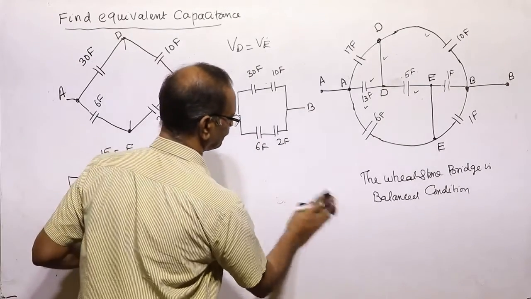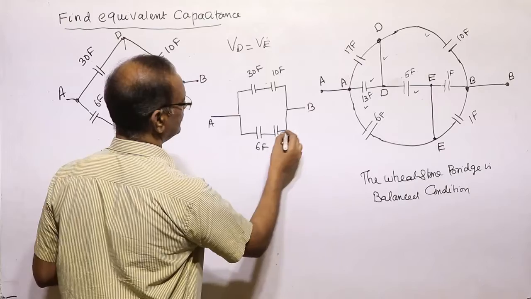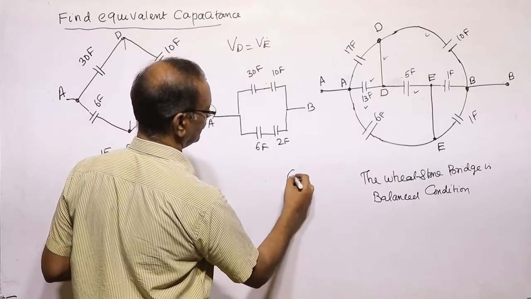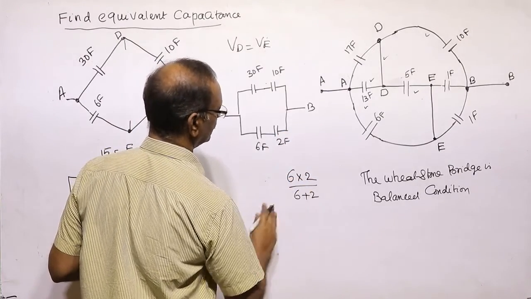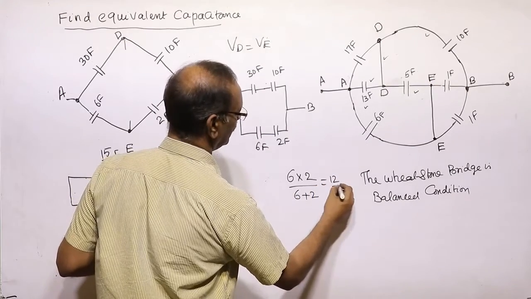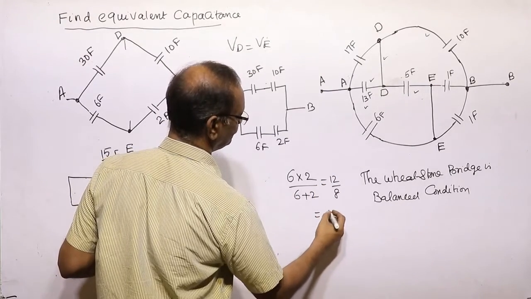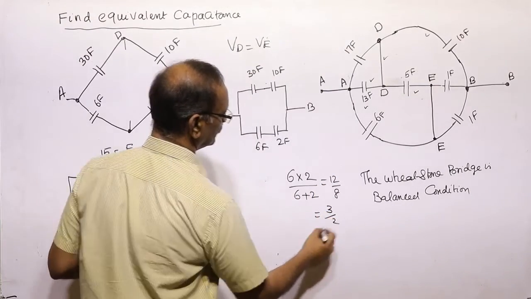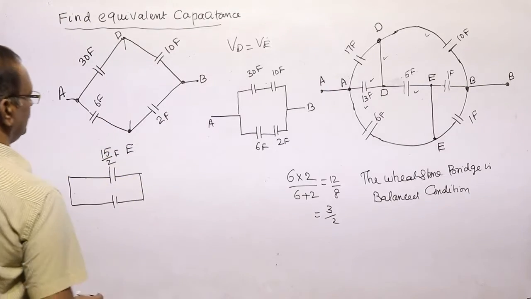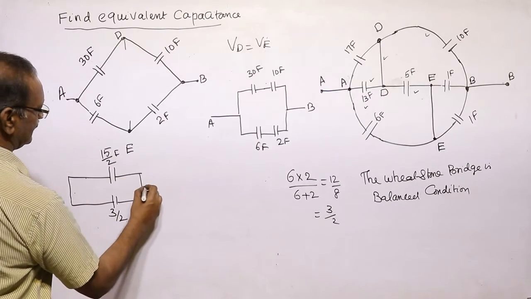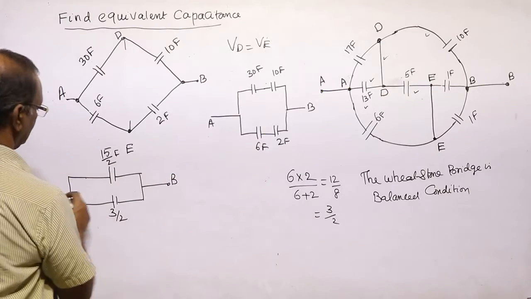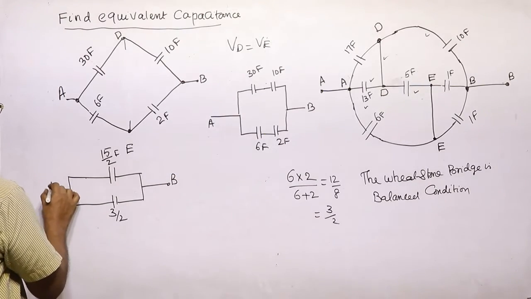Now these both are in series, so we multiply and divide by 6 plus 2, that is 12 by 8, which is equal to 3 by 2. So this will be 3 by 2 farad.